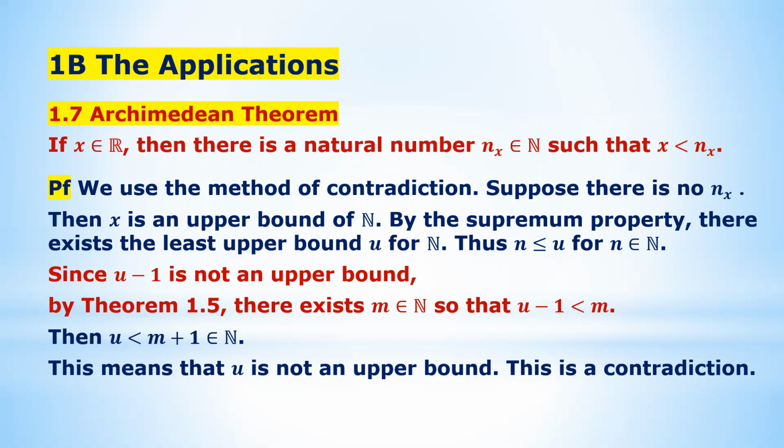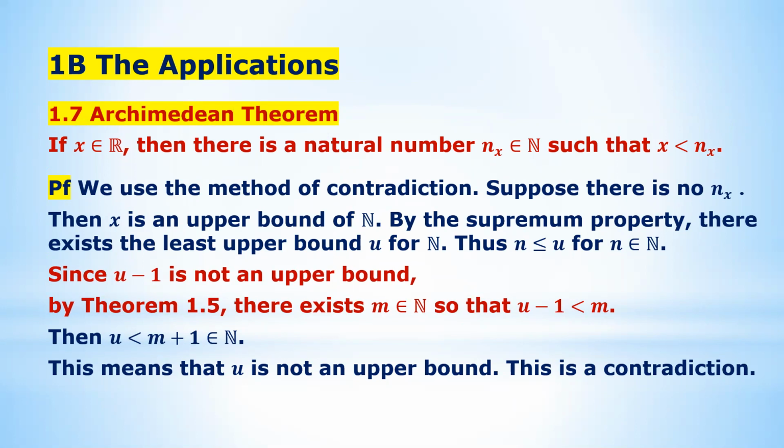Of course, U minus 1 is no longer an upper bound. So therefore, using the definition of upper bound, you can conclude that there exists an element M such that U minus 1 is less than M. This is just because U minus 1 is no longer an upper bound.